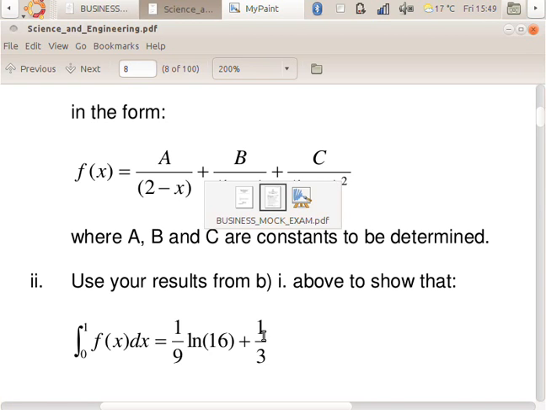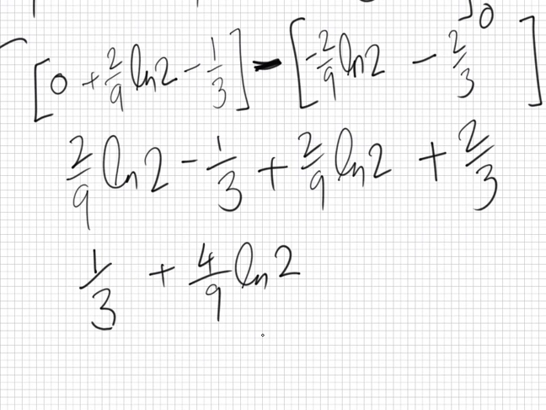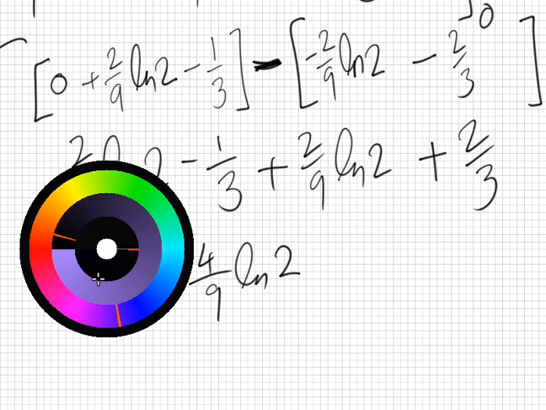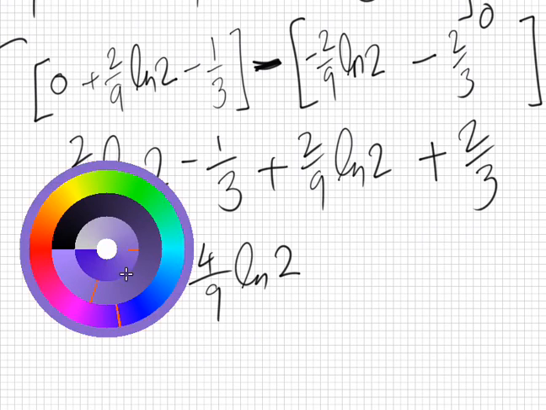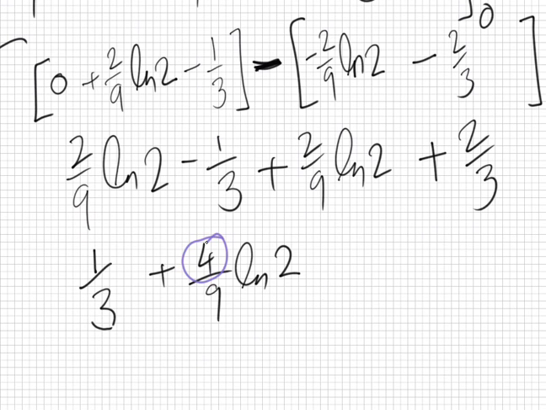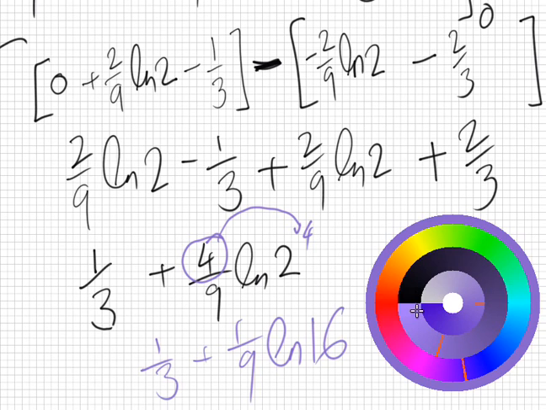Yep, one thing left to do. If you look at what you're trying to get to, they want a log 16 in the answer. They don't want a log 2. But there's something I can do with this 4, I can bring it up as a power. So you get 1 over 3 plus 1 over 9 log 2 to the power 4, which is log 16.